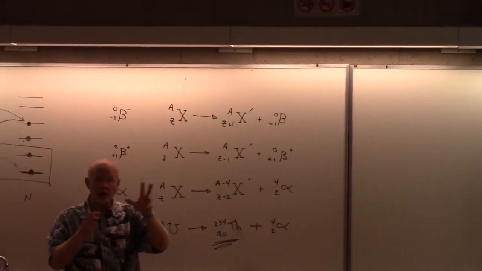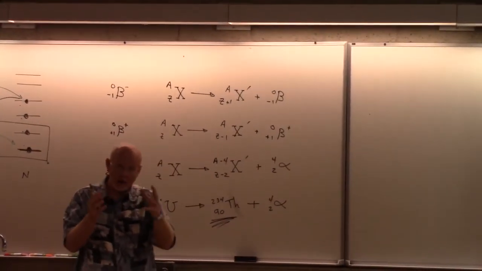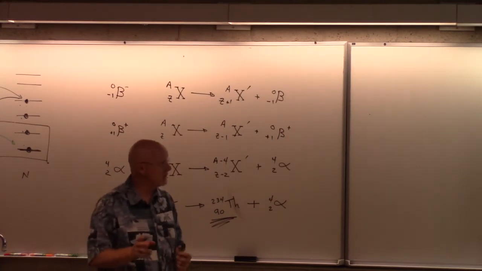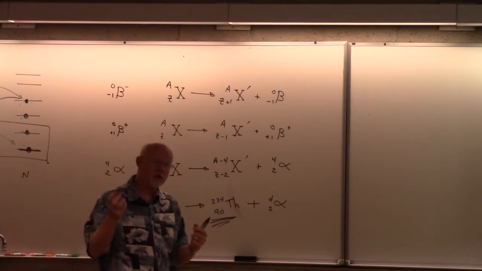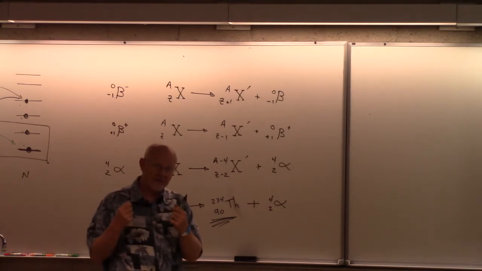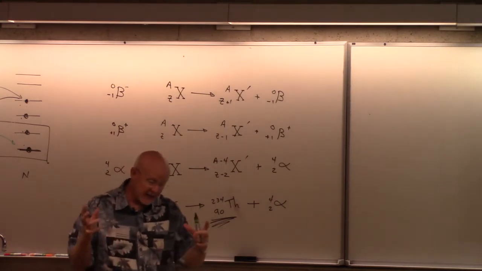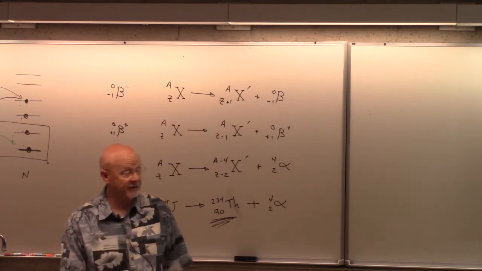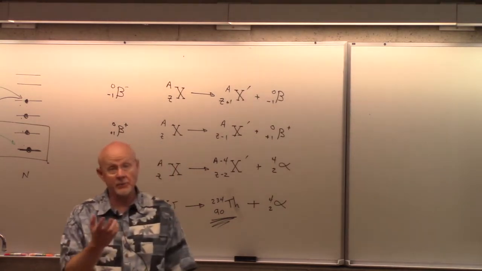Never did I worry about the electrons that were around the nucleus. But in this case, this only makes sense if the electrons that are orbiting around actually fly into and get captured by the nucleus. Doesn't happen often. It's not an easy process.